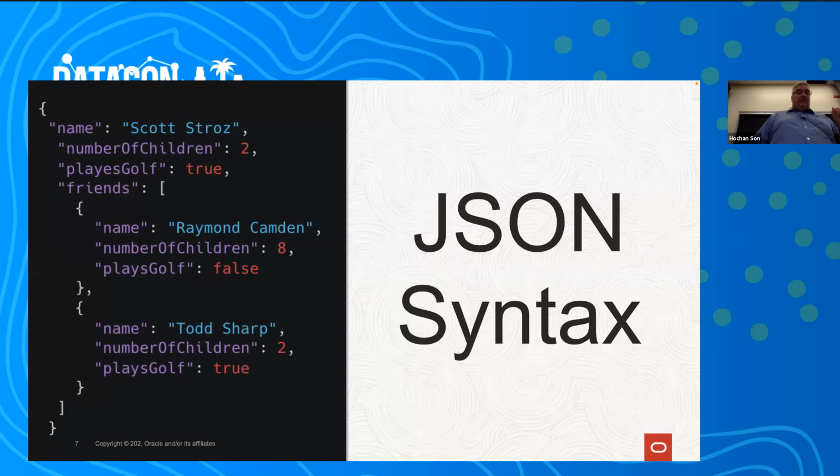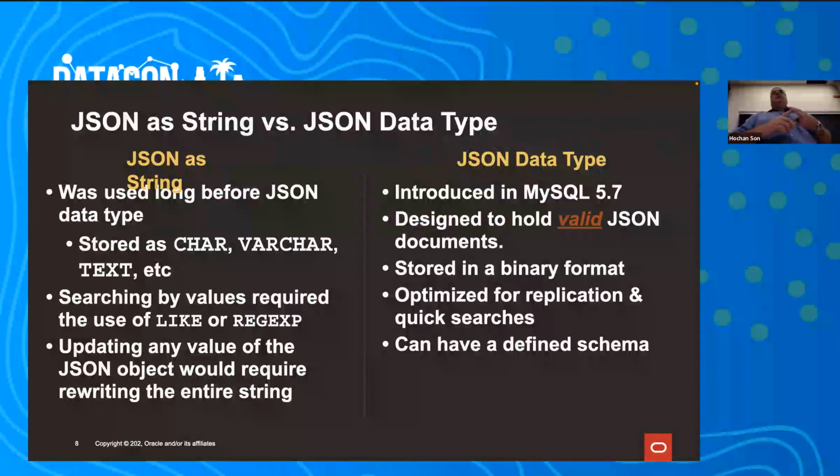The only way you could search that was with LIKE or a regular expression, because as far as the database knew, it was just text. It didn't know you were dealing with an object that has keys and values. It was no different than having five paragraphs of a Stephen King novel stored in your database.